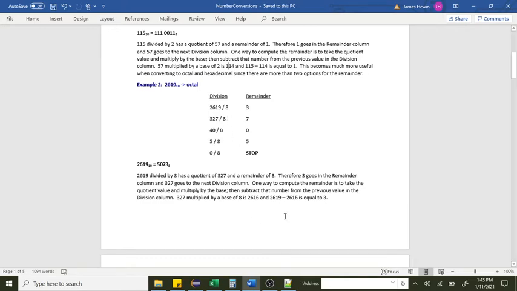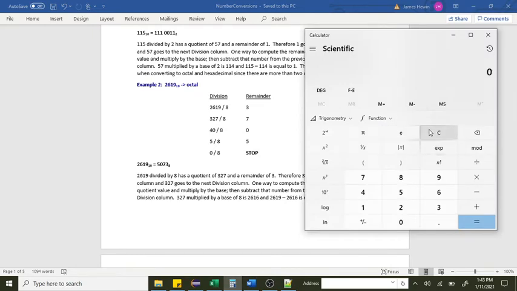And this is where calculating the remainder will become more apparent. So let's do 2619 divided by 8. Well, that's 327. That's going to be my quotient. Now, what's this 0.375 in terms of the remainder?